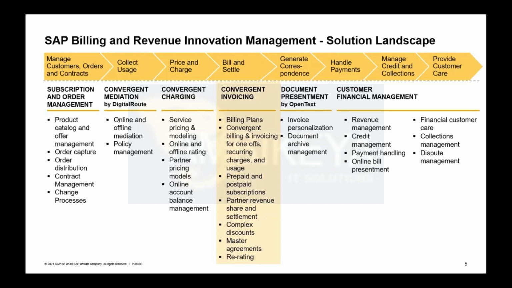Some industries have convergent mediation in place. For example, in parcel industries, they often have convergent mediation in place because you have 3 steps in which you collect the consumption, and before you do the rating, you have to harmonize the consumption, the different steps and pieces of measurement, into one in order to then do a rating for this.